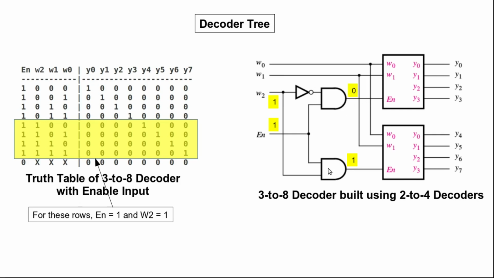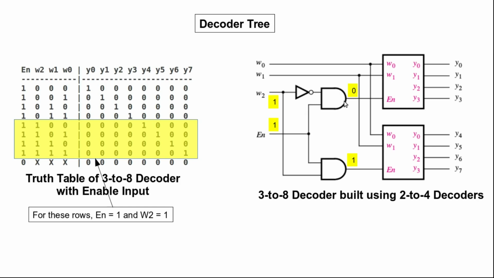But for the other AND gate, W2 is equal to 1, so this input will be 1, enable is 1, so this input will also be equal to 1, and since both the inputs to the AND gate are equal to 1, the output will be equal to 1.